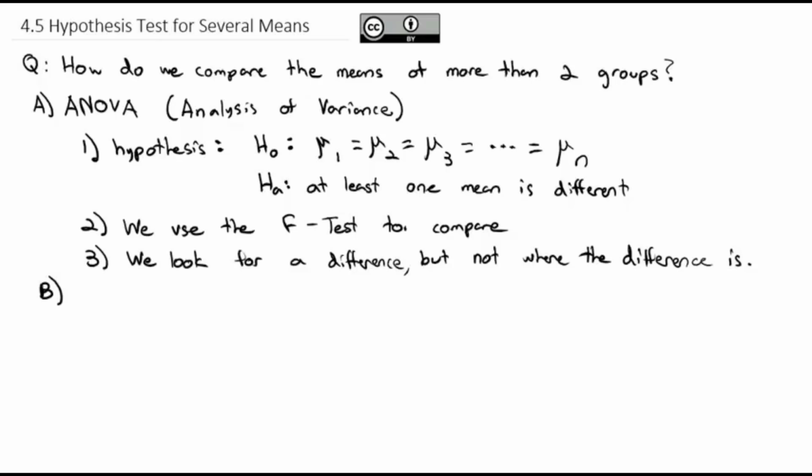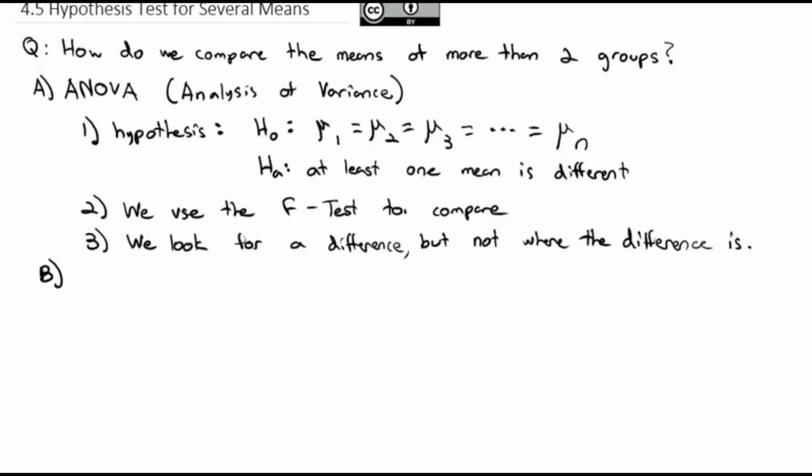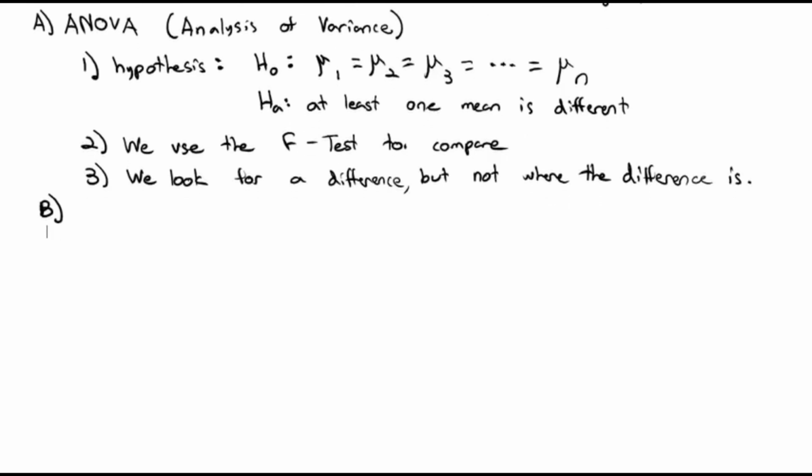We're not going to spend our time in this course with the complex calculations of the ANOVA. We're just going to look at actually carrying it out and having our calculator do the complex calculations. How we're going to do this is we're going to put each group in its own list.